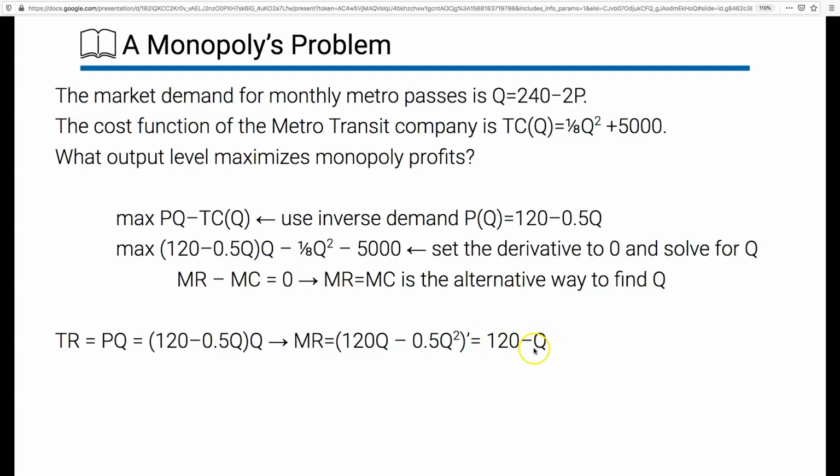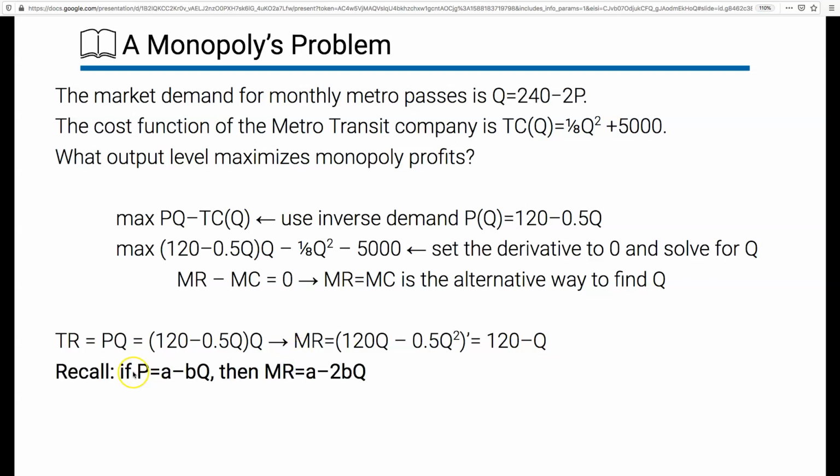And notice that there is this connection between the inverse demand, price as the function of quantity, and the marginal revenue. The connection is they look exactly the same except for the coefficient in front of q is twice as high for the marginal revenue. I think we talked about it a long time ago when we talked about elasticity.